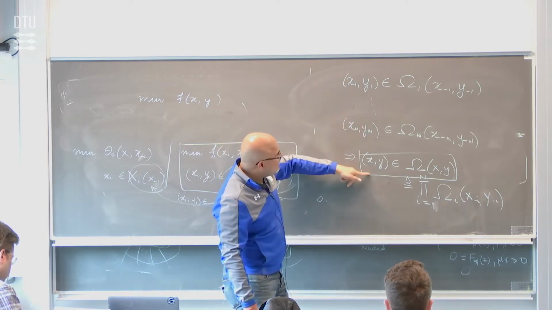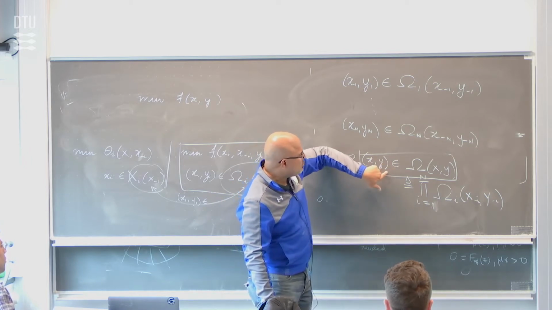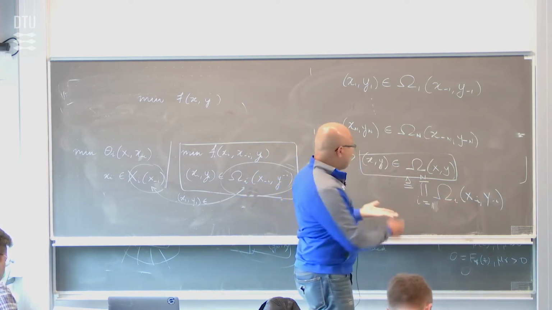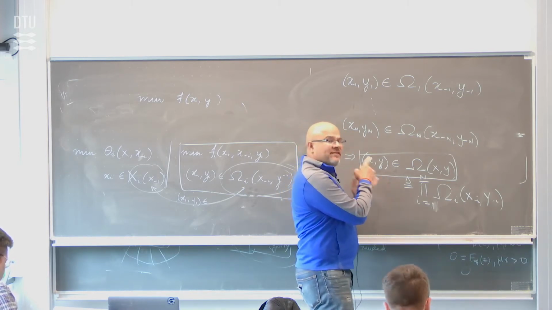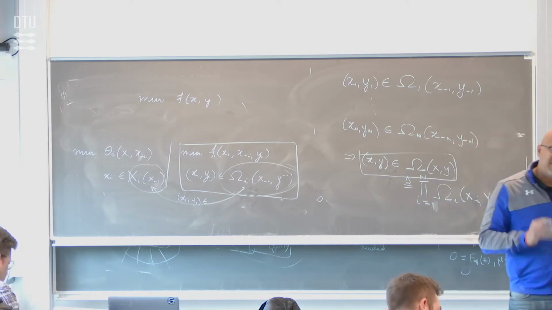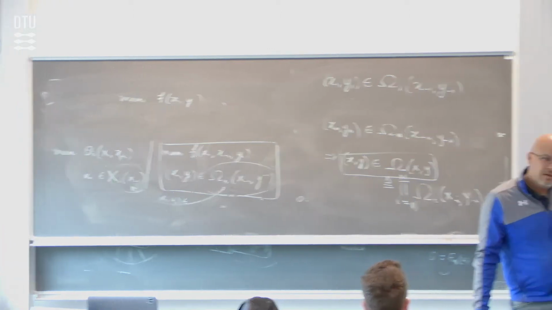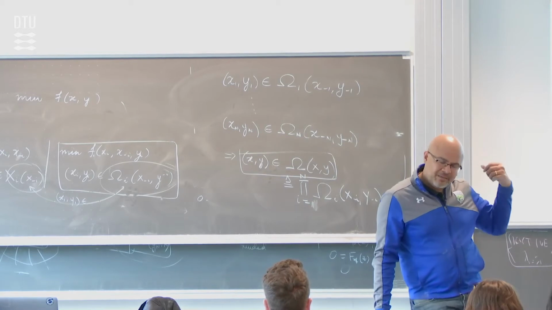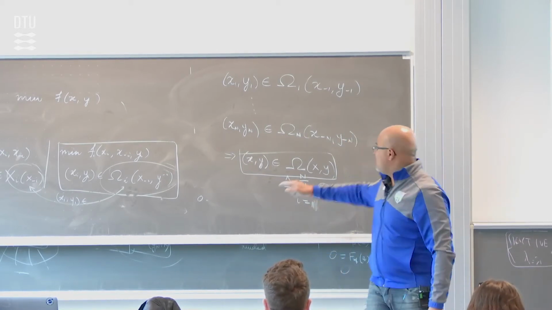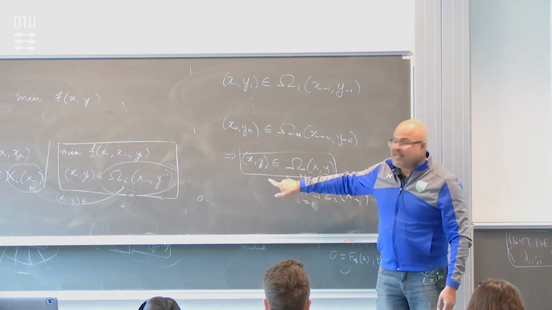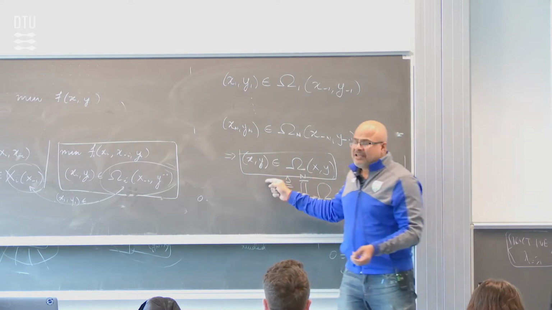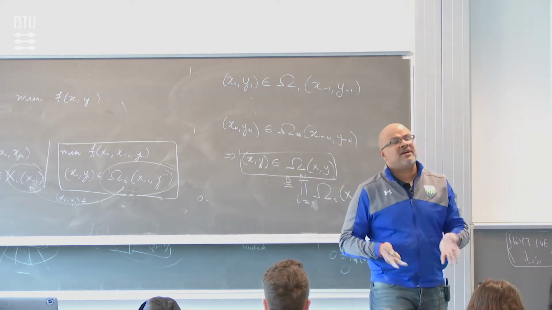If you put this as a vector, this holds for (x, y) lying in omega of (x, y), which is the Cartesian product of these sets. But that's like saying this is the fixed point. So what we're saying is that any choice of (x, y) for the Nash equilibrium has to be selected from the set of fixed points of this. These are the only feasible choices for the Nash equilibrium problem. Some subset of these satisfies the Nash criterion.